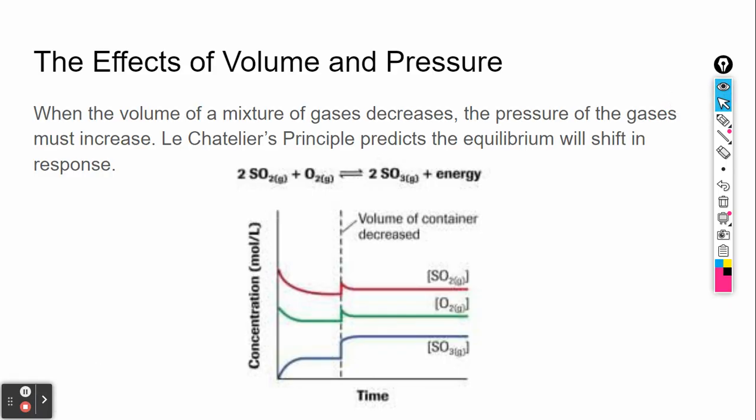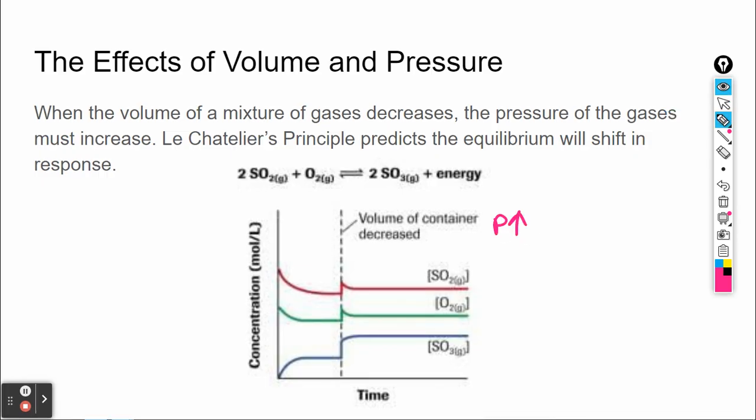Because my volume of the container decreases, that means that the amount of pressure definitely will increase. So my pressure is going up. So now I've got more pressure, smaller space. There's less space in there for those moles of gas. Remember on the right-hand side, I only have 2 moles.